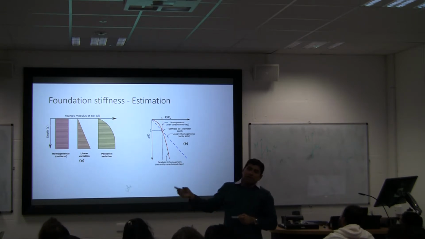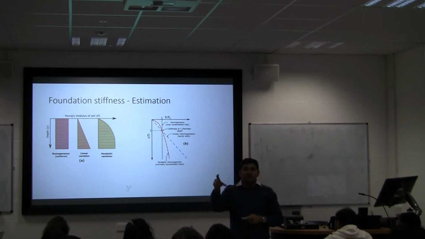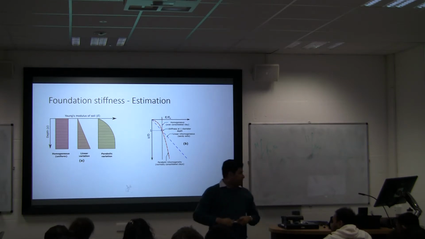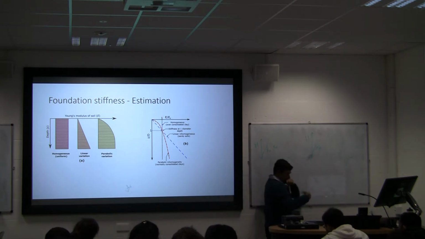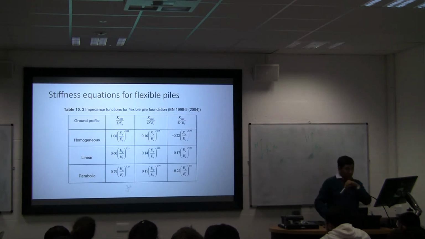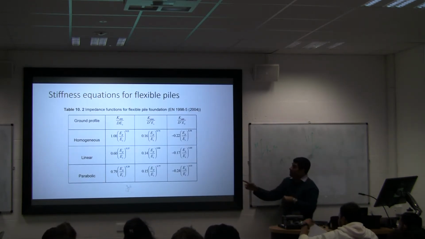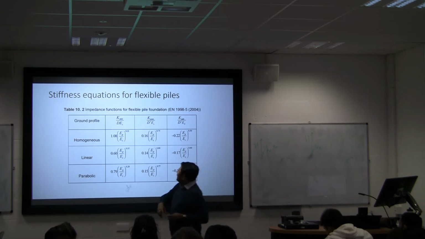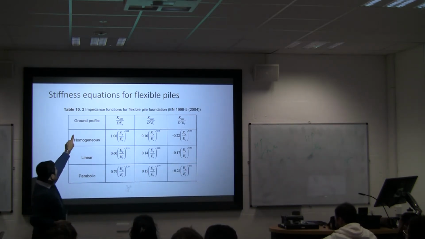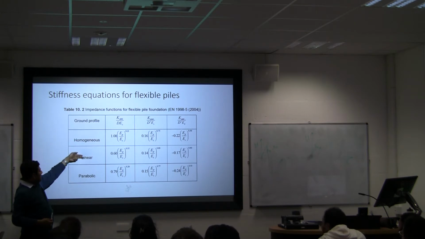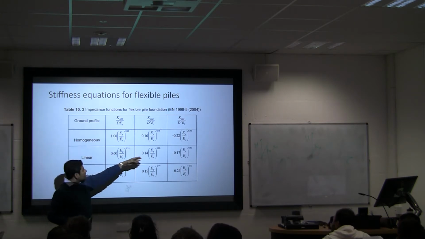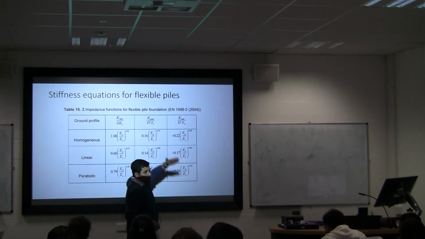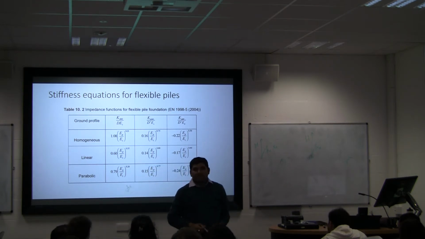Then you can use Eurocode formulas to find out the stiffness values. This you will learn in the course. So here's an example. It says ground profile: homogeneous, linear, parabolic, and gives the equations for the different values of stiffness.